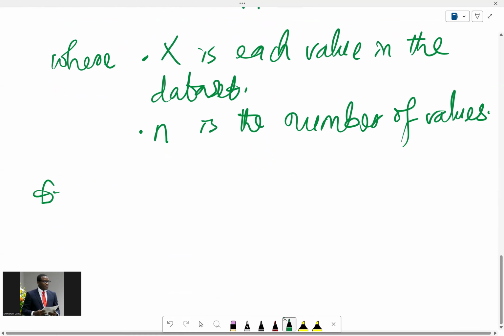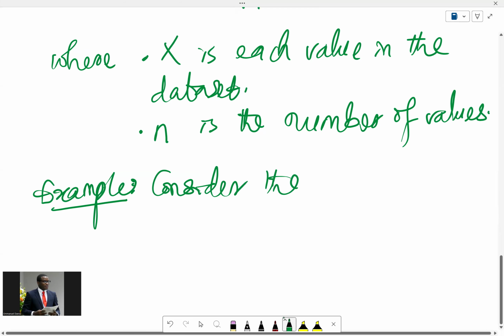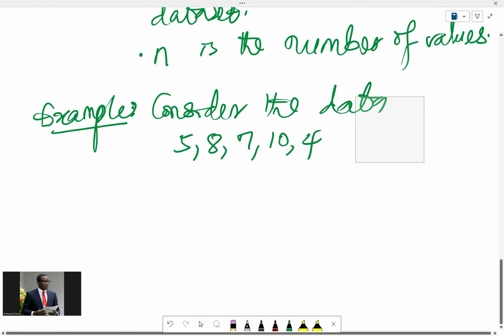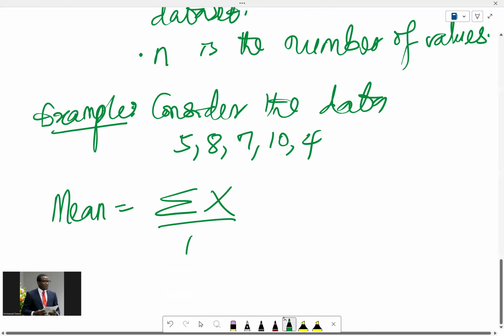For example, consider the data 5, 8, 7, 10, and 4. This is ungrouped data, and it is discrete. The mean is the summation of each number divided by the number of numbers.